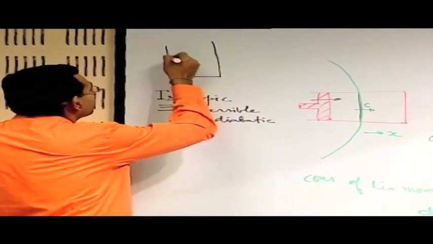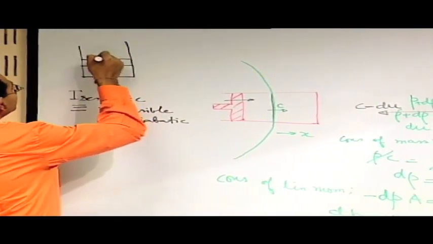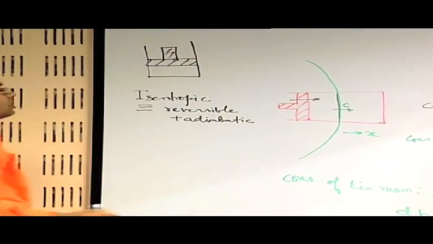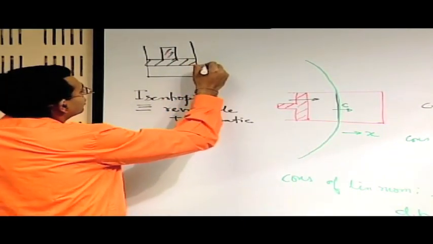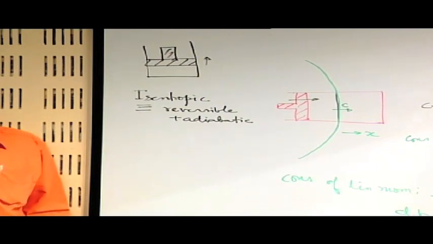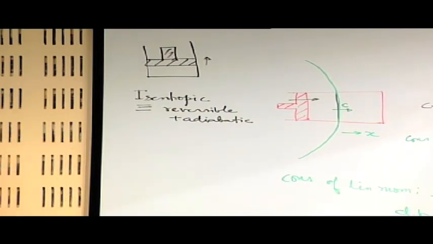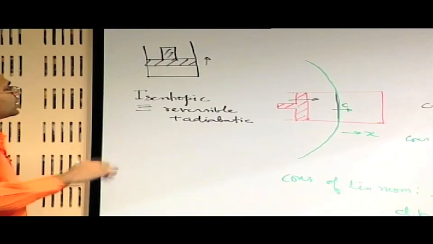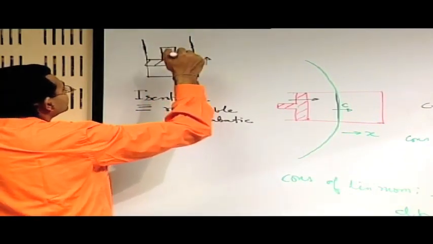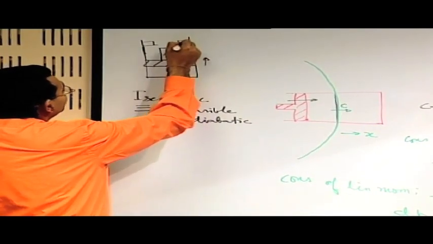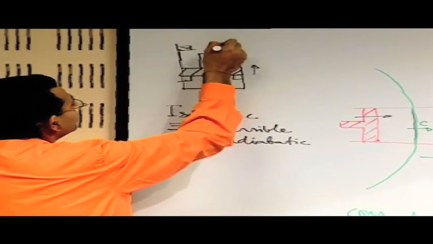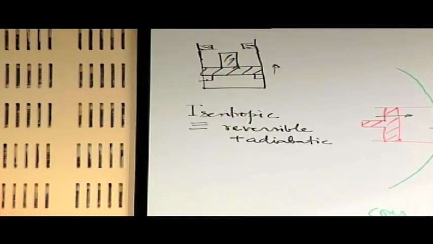So as an example, if you have a piston and a cylinder like this, now say that you are moving the piston in the cylinder upwards. So how may you move it upwards? Let us say that you want to move it from the initial level to the final level dictated by these stops where you want it to stop.